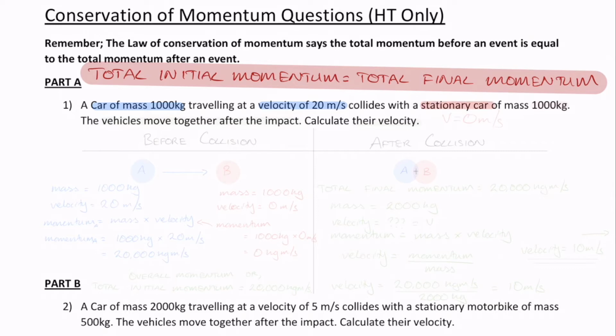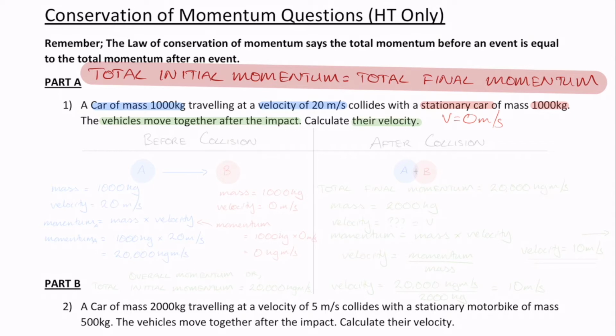It's stationary, that means it has a velocity of 0. So just to make that clear, it has a velocity v equals 0 meters per second. Afterwards, the vehicles move together after the impact. We have to calculate their velocity.